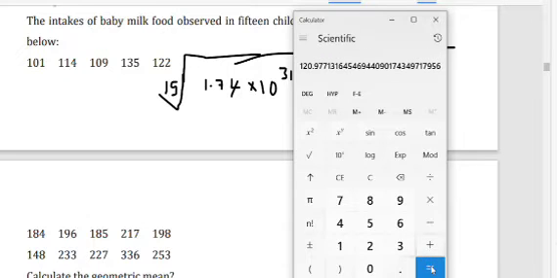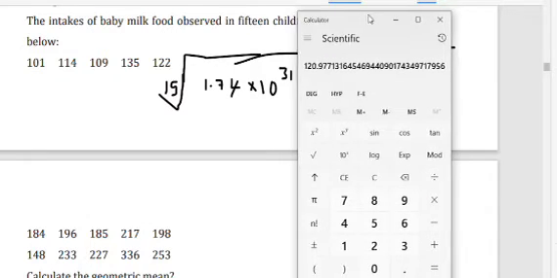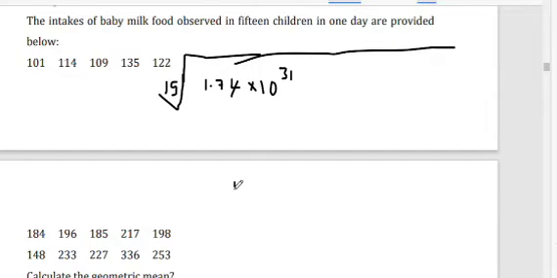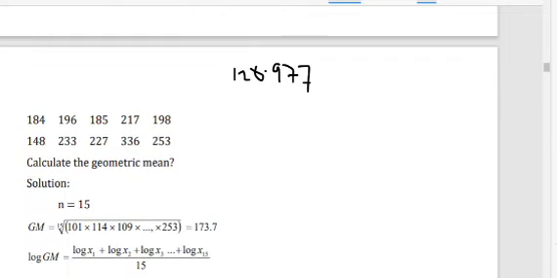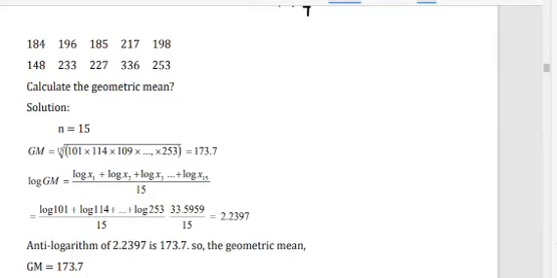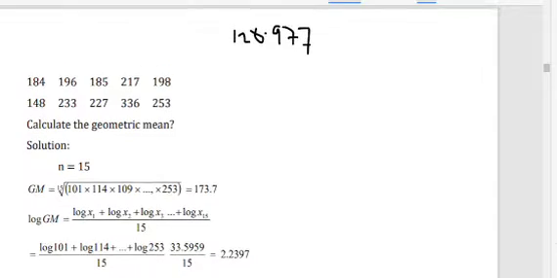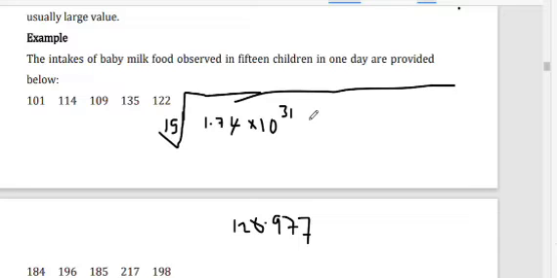So this will give us 120.977. Okay. Maybe I omitted some of the value because my calculator cannot give me the actual value, but that is what you should do. Just multiply all the values together and take the 15th root of the value.